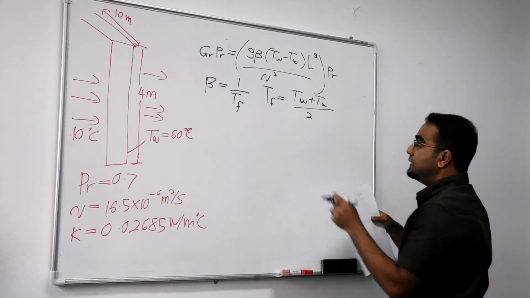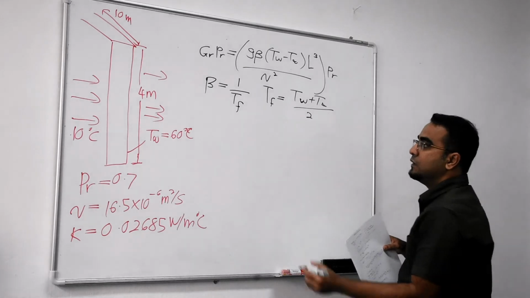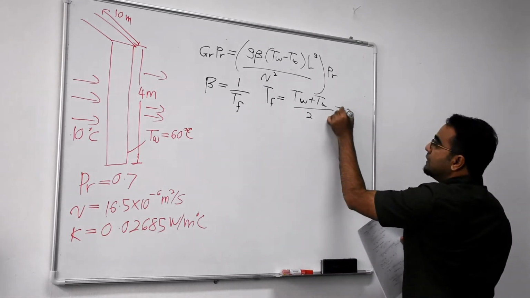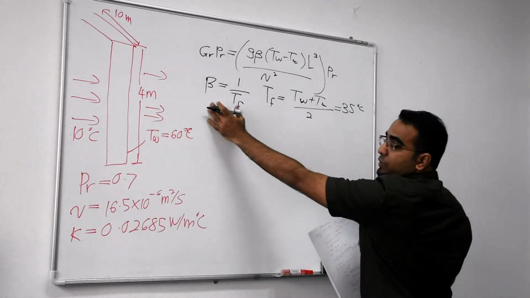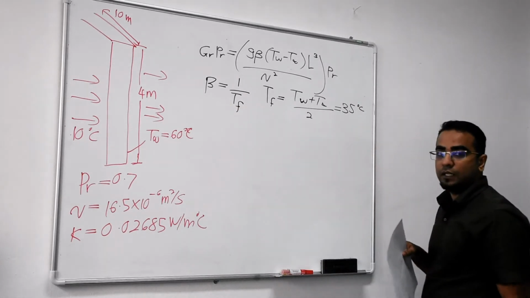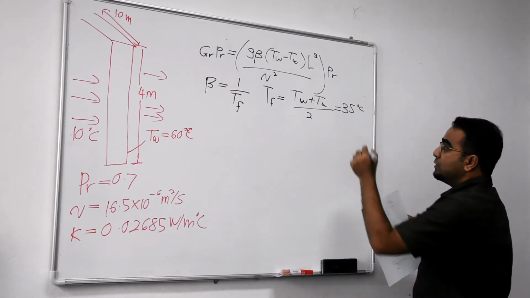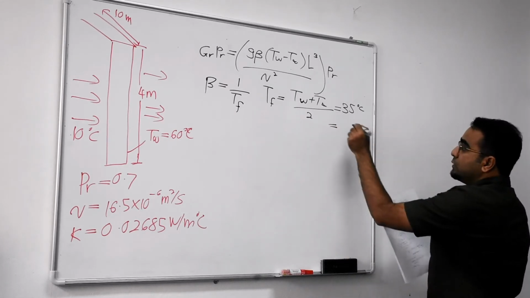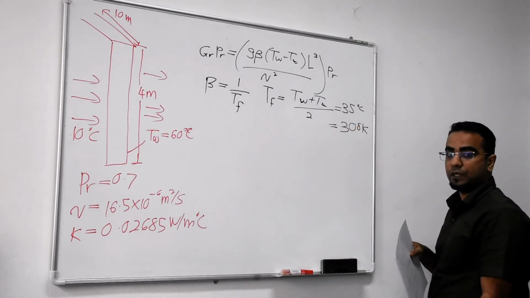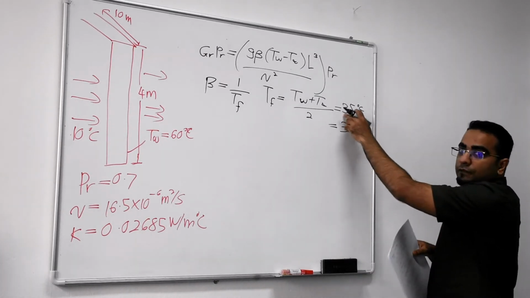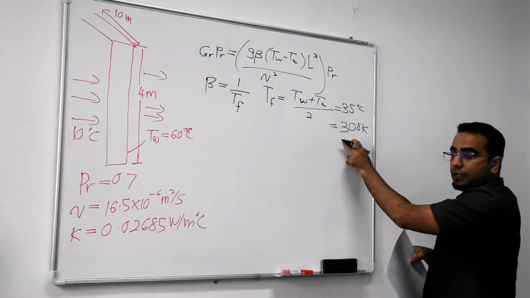So 60 plus 10 divided by 2 is 35, which is in degrees Celsius. But to use the equation for beta, this must be in Kelvin, so you must change 35 into Kelvin. It is approximately equal to 308 Kelvin. So this is you converting 35 degrees Celsius into 308 Kelvin.